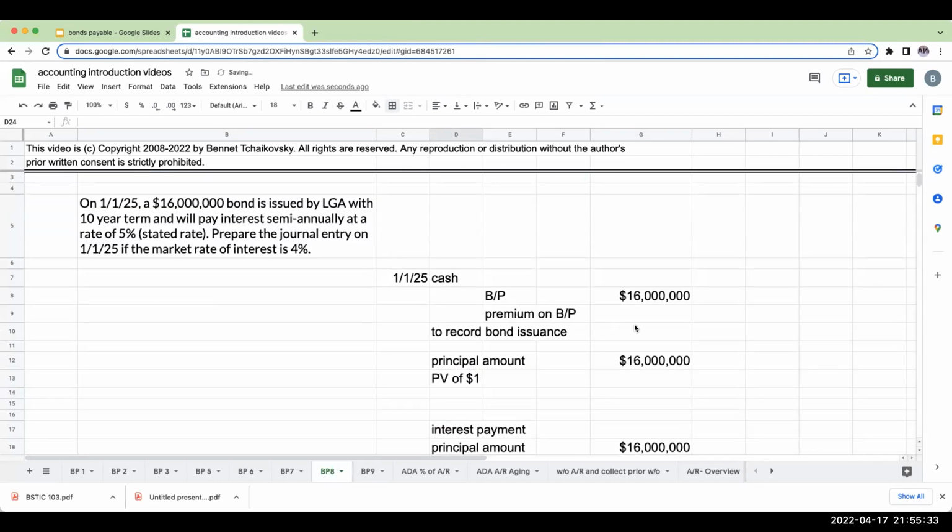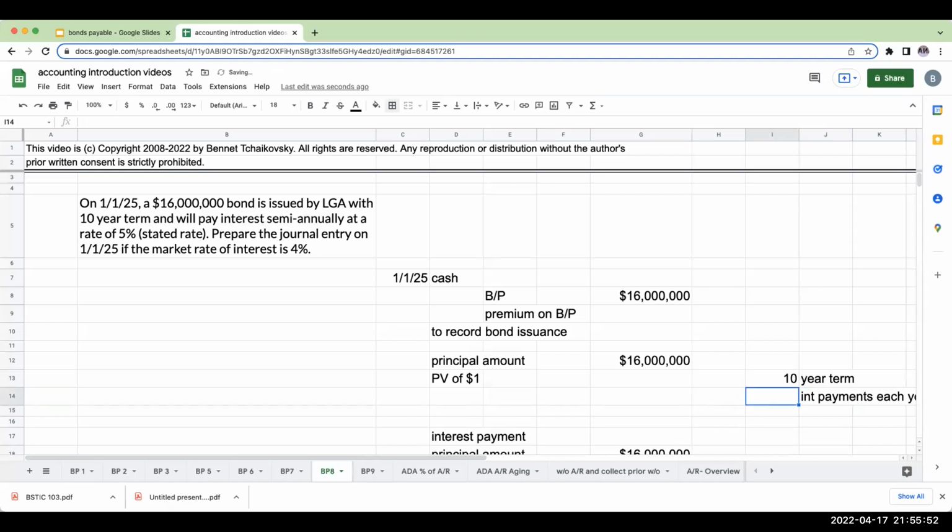But here's where we get into these questions. It gets a little bit more fun. So if the bond has a 10-year term, and I'm making semi-annual interest payments, this is going to be 2.